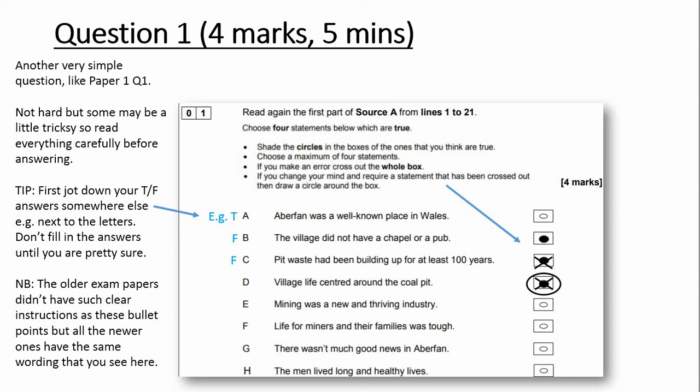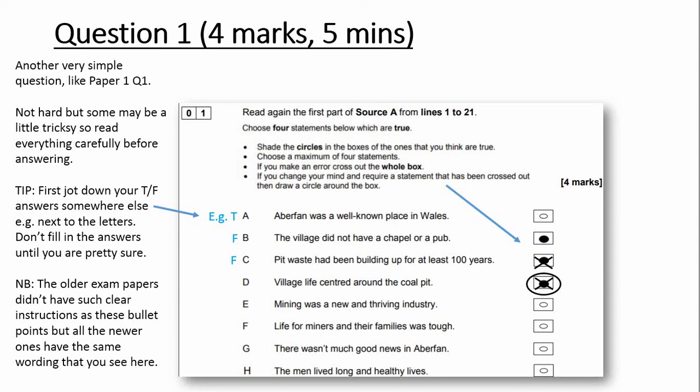So, let's now look carefully at the instructions for how to actually fill in this question. Because if you didn't follow these instructions, you would potentially lose all the marks just by not coding it in correctly. So if we look now at the 4 bullet points which give you instructions for how to answer the question. The first bullet point then says, shade in the circles in the boxes of the ones that you think are true.